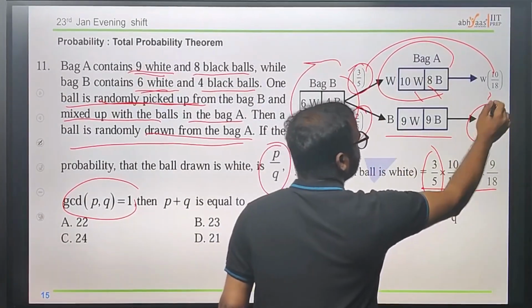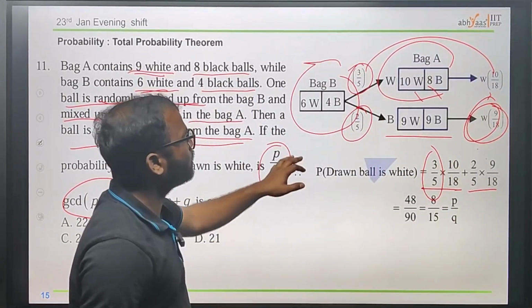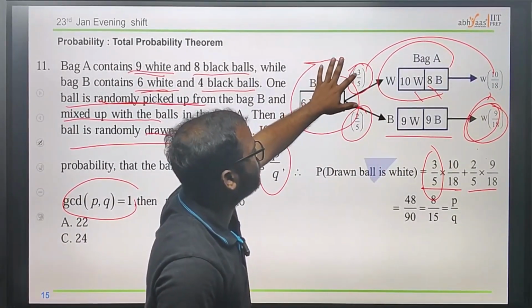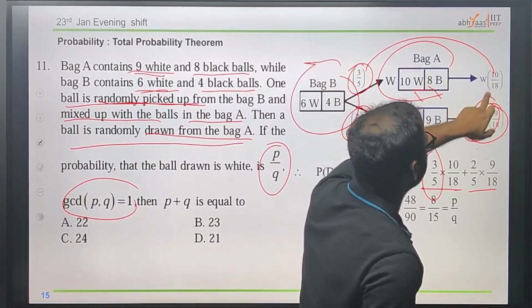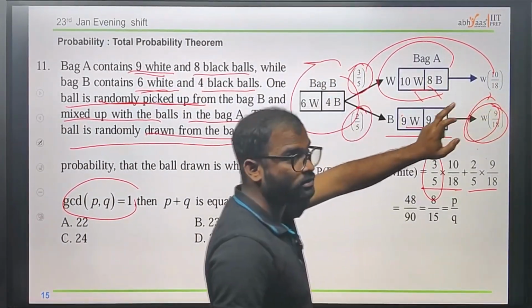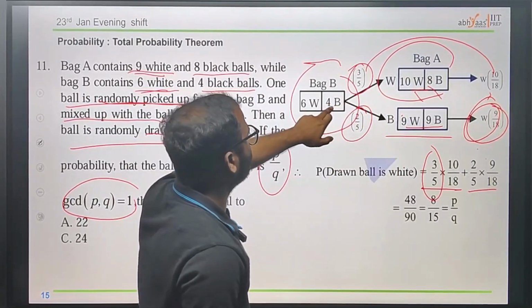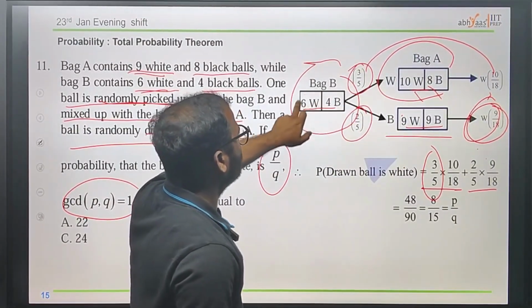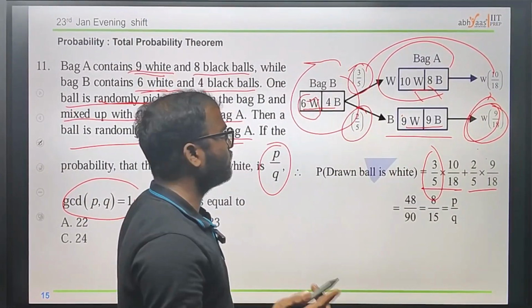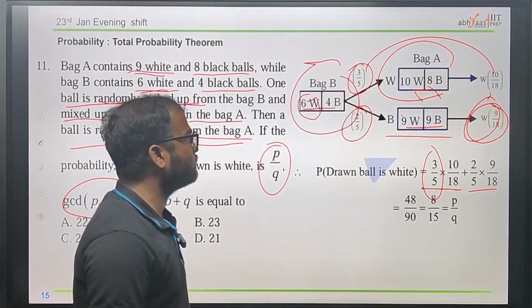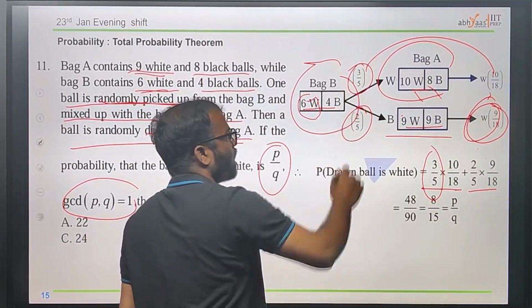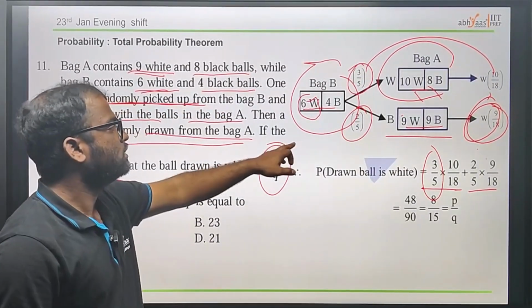Out of 5 balls picked from bag B, 3 are white, so we have 3 by 5, and similarly for the other case.